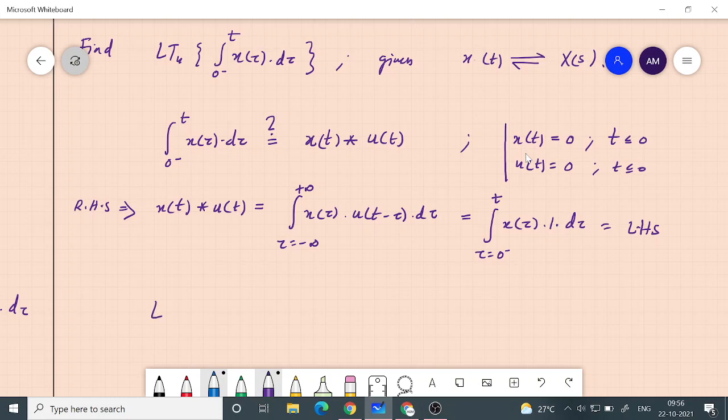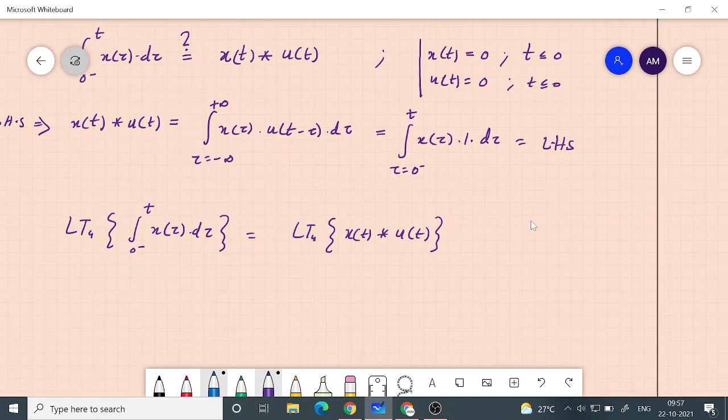So therefore we can now say that the problem that we wanted to solve, the Laplace transform of the integral, you can also write as a unilateral Laplace transform of x of t convolution u of t.